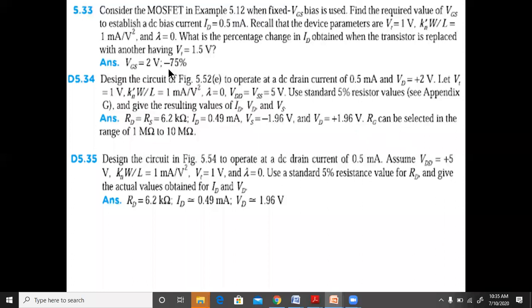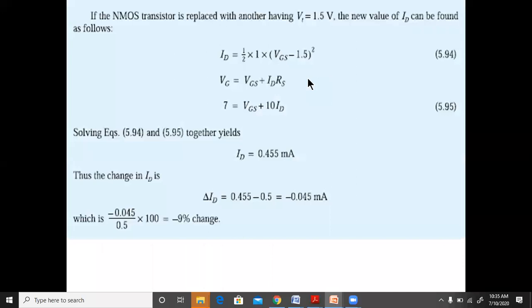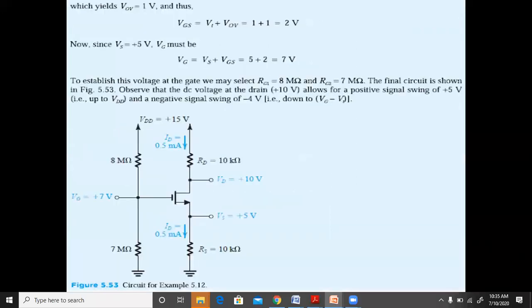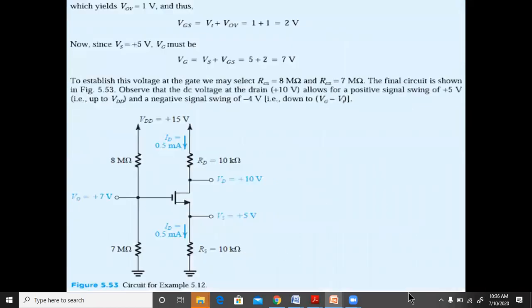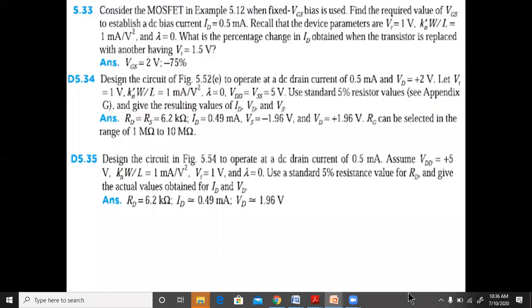We have already found out that the value of VGS is equal to 2 volts. In the same way, the same steps we should follow to get the value of VGS equal to 2 volts.